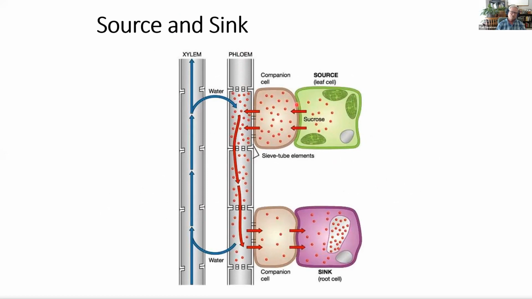These sugars are going to accumulate in the companion cell adjacent to the leaves, and then it can move into the phloem as demand occurs. So here we have some demand by a companion cell and move it into a sink like a root cell. This large organelle over here is a vacuole. It's sort of an energy or fat storage area for the cells.